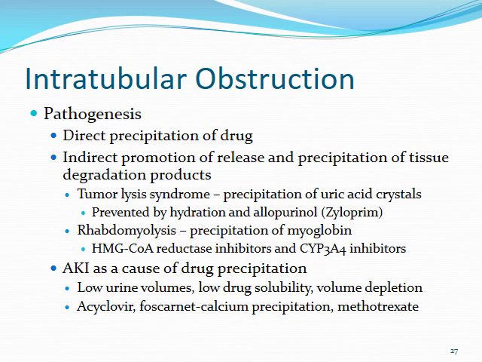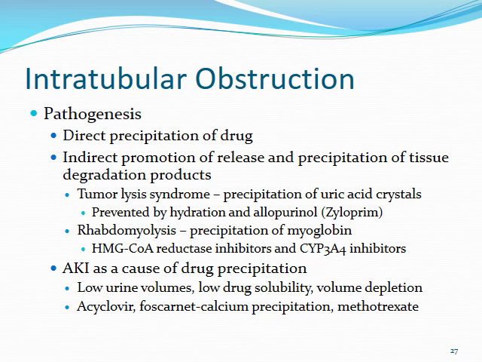A good example of this would be tumor lysis syndrome, where you actually have precipitation of uric acid crystals occurring in the urine, especially with things like leukemias. As you lyse all those cells and they break open, they're going to be releasing a lot of uric acid, and so when those get into the kidneys, they precipitate out and cause that obstruction.